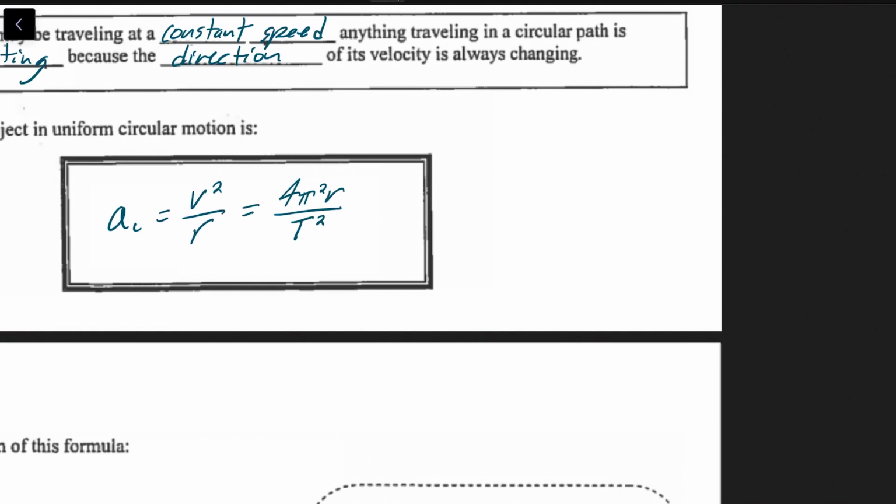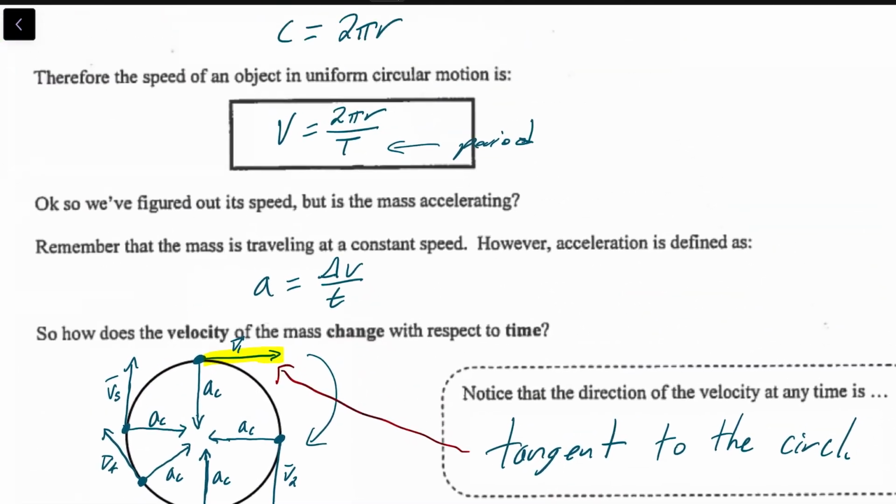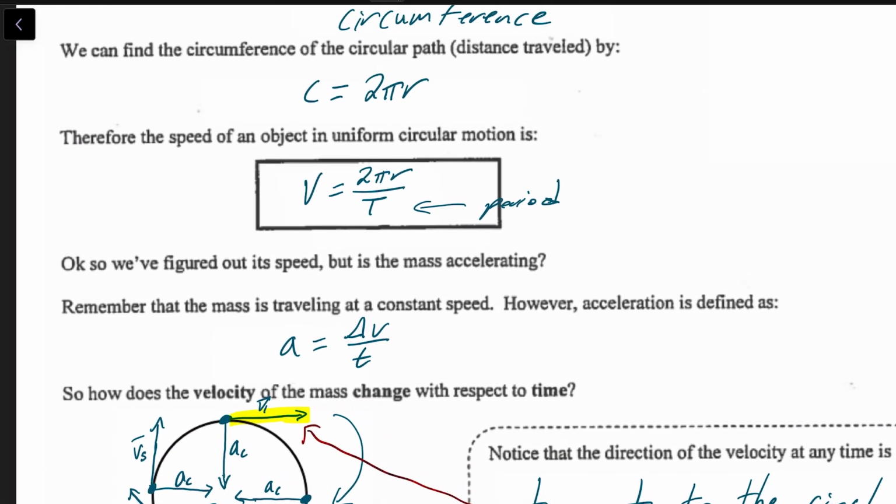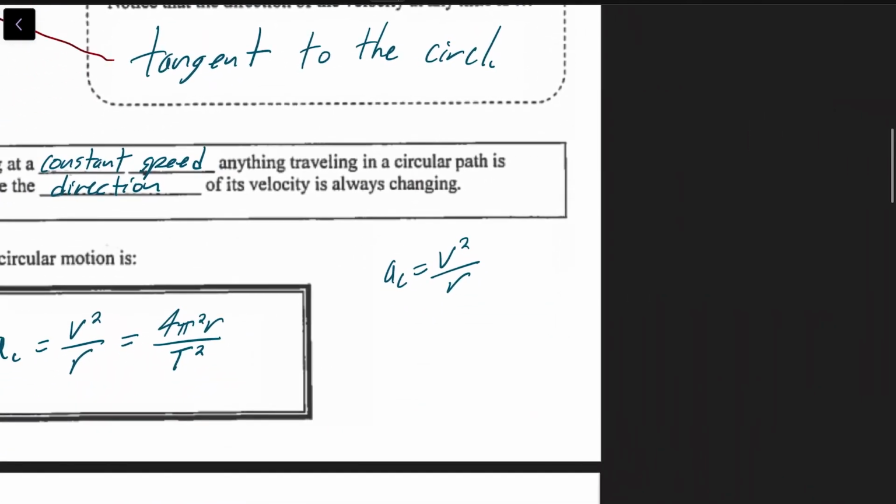Essentially what we've done here is, for the first equation, which is v squared over r, we substitute the formula that we came up with for velocity at the top here into the position of v, giving 2 pi r over t, squared, over r.